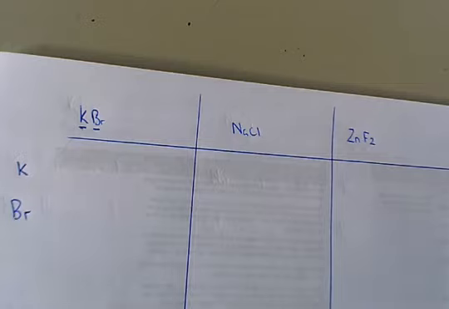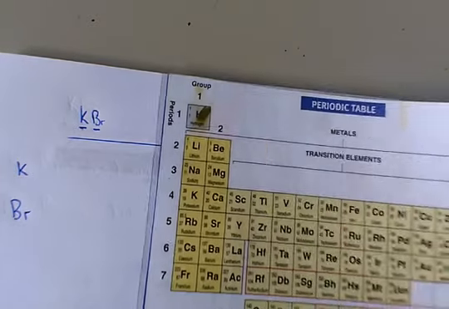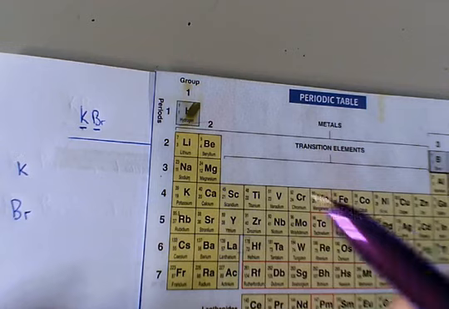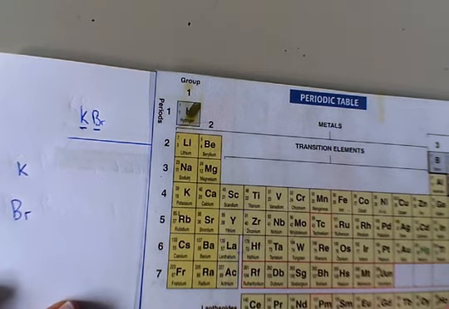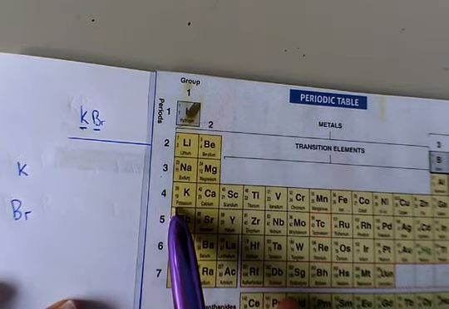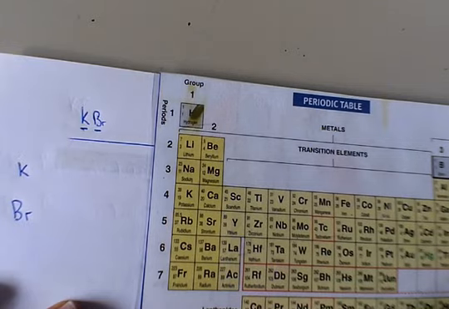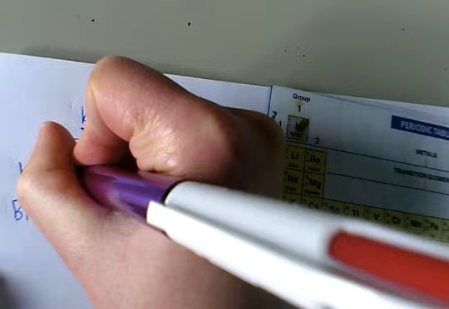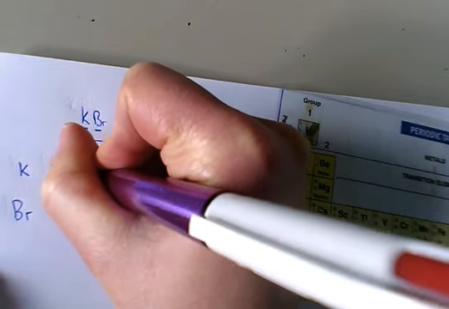Then I need to be able to identify, well, what does that K actually represent? And this is where you need to have your periodic table to hand. So I'm looking for a capital K, and here it is on the periodic table. And that tells me that that stands for potassium. So I can write that K is potassium.